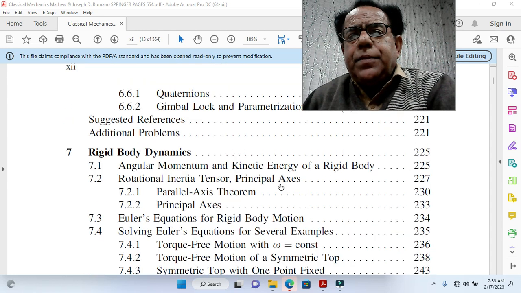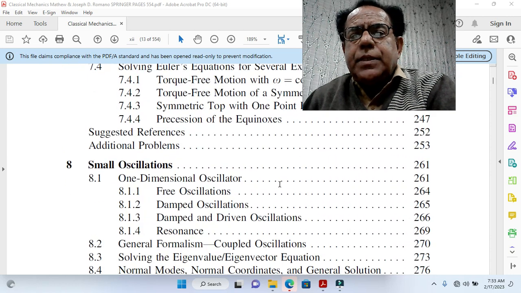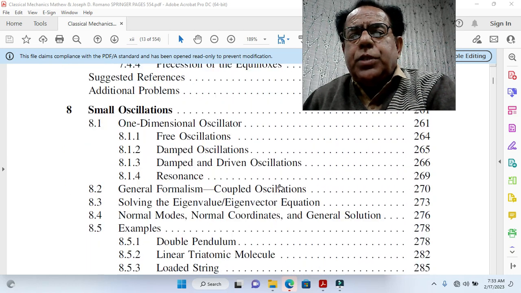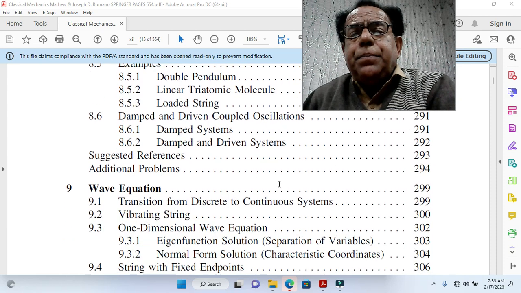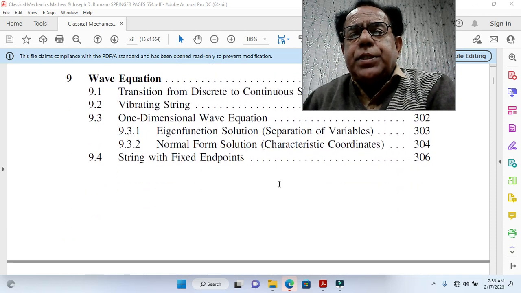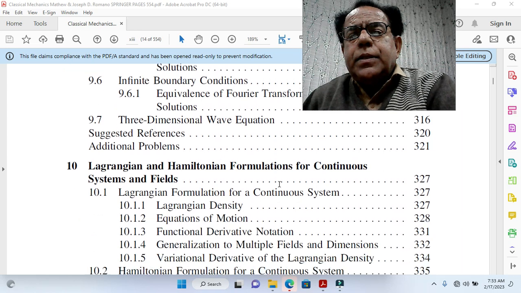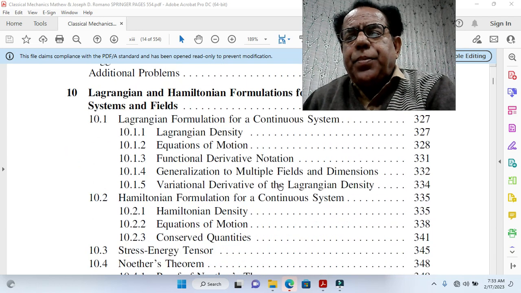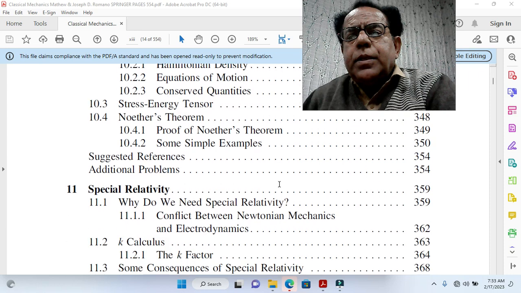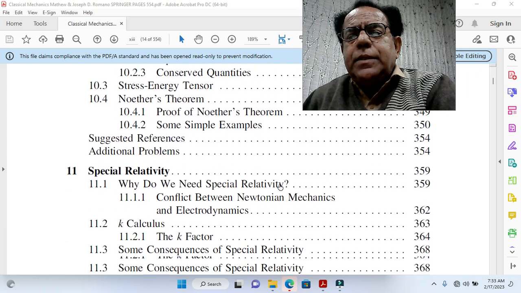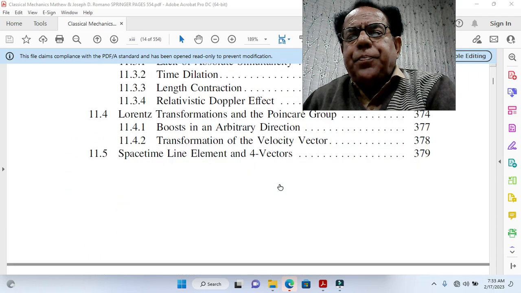Chapter 7 is Rigid Body Dynamics. Chapter 8 is Small Oscillations. Chapter 9 is Wave Equation. Chapter 10 is Lagrangian and Hamiltonian formulations for continuous systems and fields. Chapter 11 is Special Relativity.